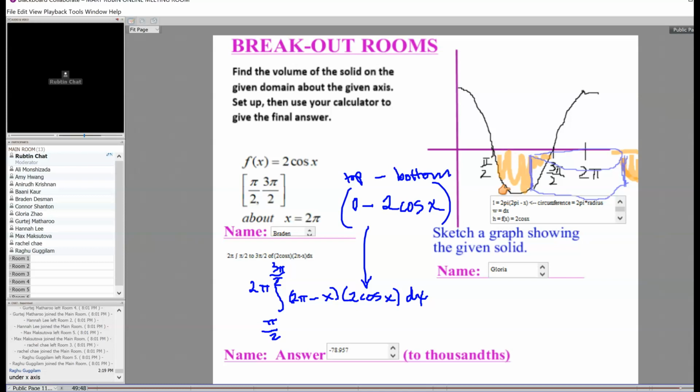So it's this minus this. You also can just regard it as a positive. That's the other thing you can do. Say, well, I know sometimes it's going to give me negative because the setup is like this. There's nothing that's being squared, so it's not automatically going to be positive. The real reason is that you're looking at this as a distance, which is a top minus a bottom, and that's going to put a negative here, and it's going to result in a positive answer. So you could either put the negative there, or put the negative out here, but that's the purpose of it, and then that will obviate this, and you'll get 78.957.